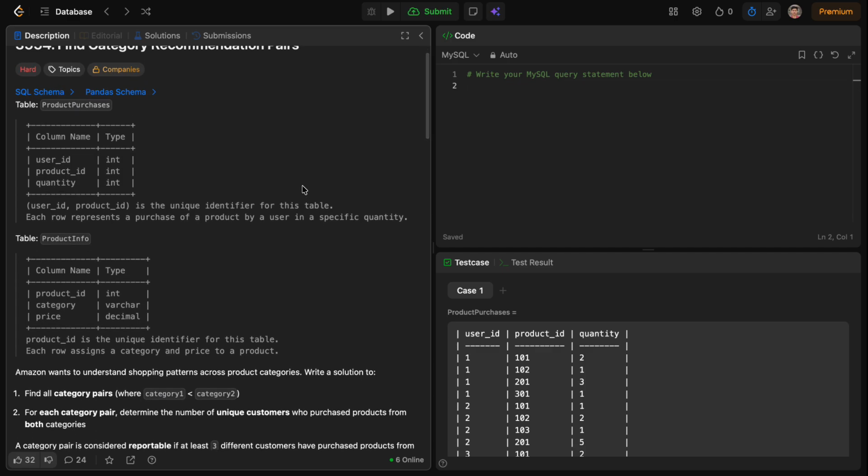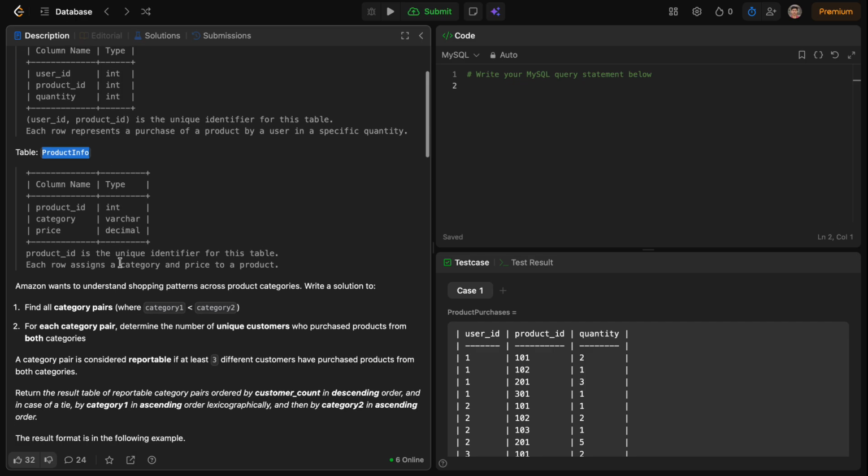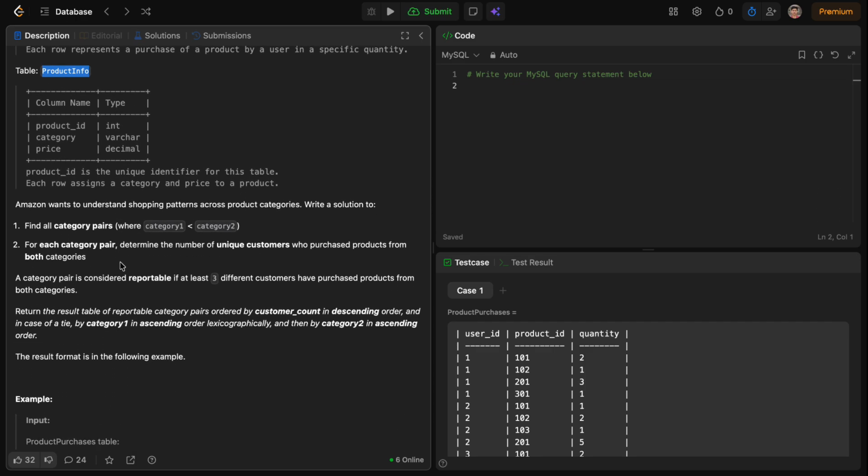We have two tables, product purchases and product info. The question says Amazon wants to understand shopping patterns across product categories. Write a solution to find all the category pairs where category 1 is less than category 2. This is the first condition.